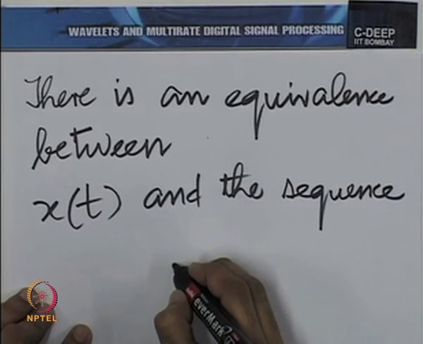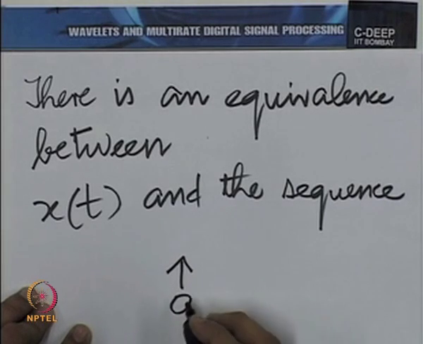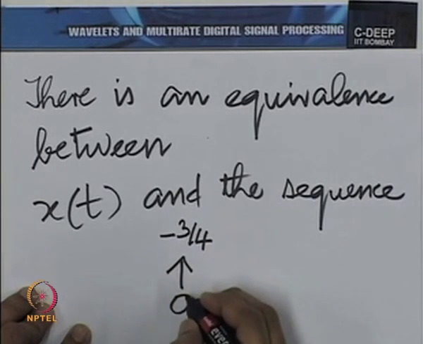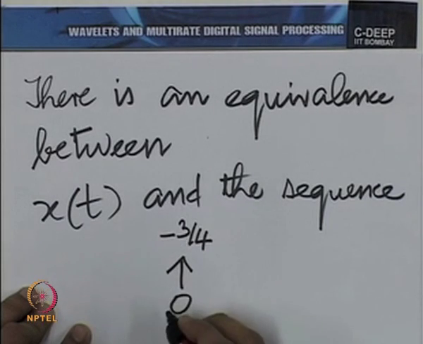Now, again just to recapitulate the notation for a sequence, we write the 0 point and mark the arrow 0 here to show that this is the sample at n equal to 0.